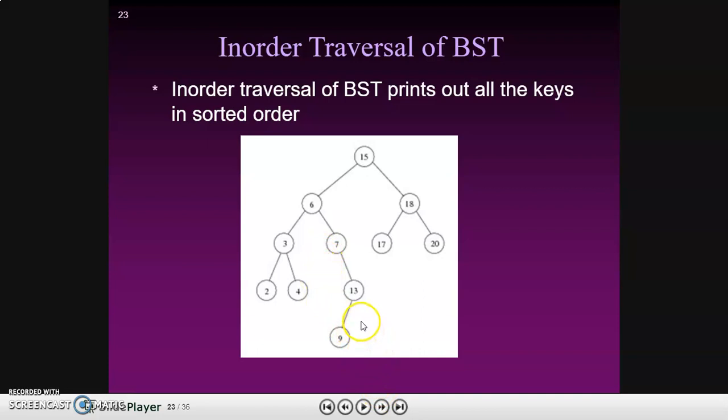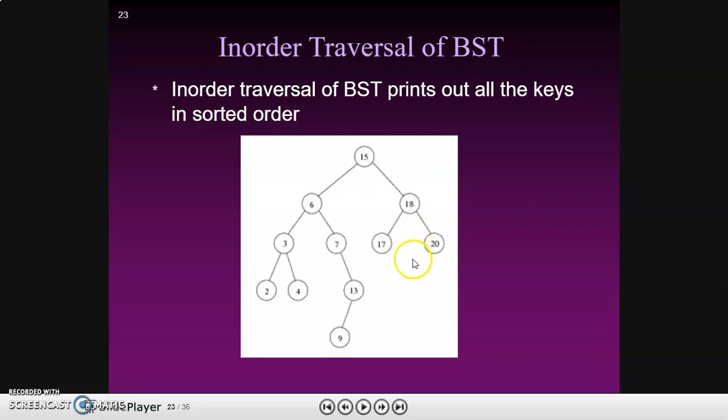Whenever you traverse the binary search tree in inorder traversal, you will get the values in ascending order, because the left leaf of the binary search tree is the minimum value of that particular tree. So starting from the first leaf of the left subtree to the last leaf of the right subtree, we will traverse.